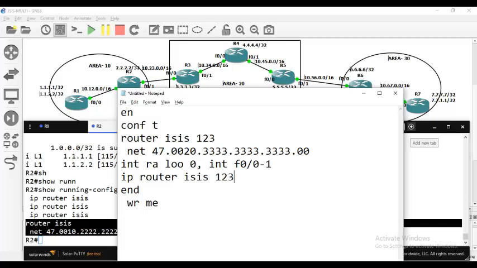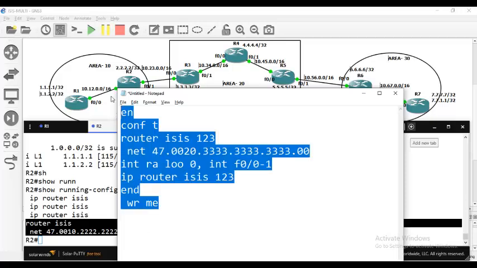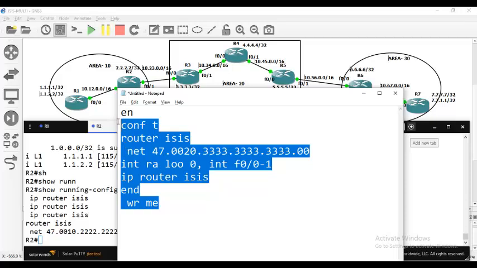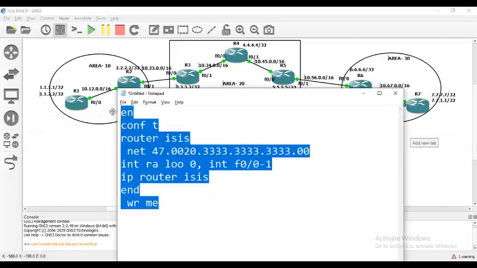Let's paste it on R3. Something is wrong. Where is the interface range loopback?